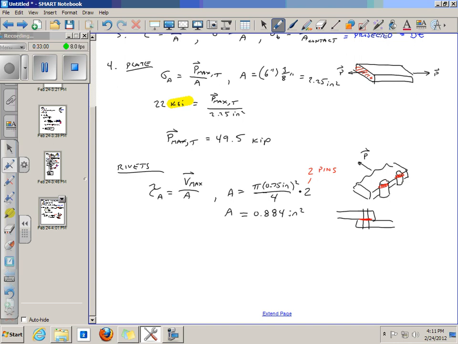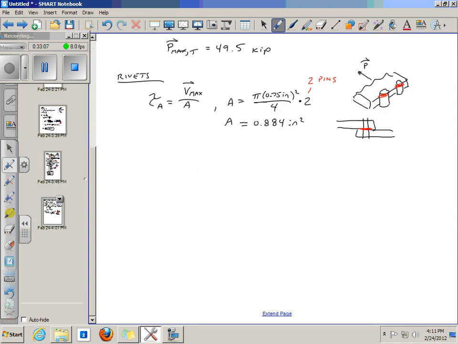Now we know what our shear area is. They gave us the allowable shear stress, so we can calculate what the maximum force in shear is going to be. What force is causing these to shear? It's the force P. So tau allowable, 29 KSI, is equal to that force P max in shear divided by the area, 0.884 inches squared.